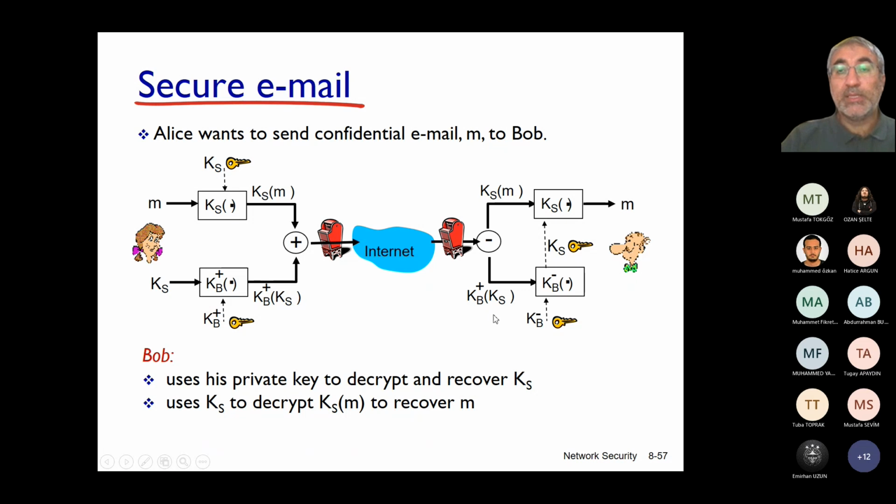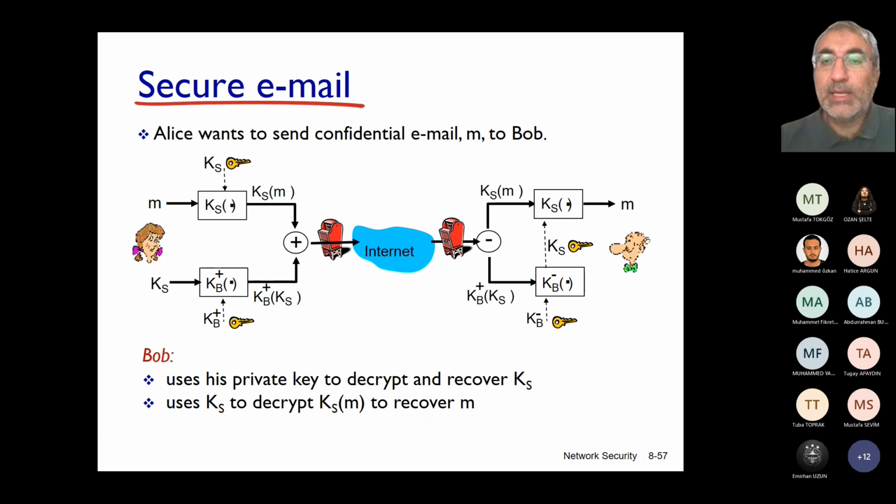First of all, Bob is going to use his private key to decrypt KS. Only Bob can decrypt this one because it needs Bob's private key. So Bob applies his private key, which is KB minus, and obtains KS, the symmetric private key.